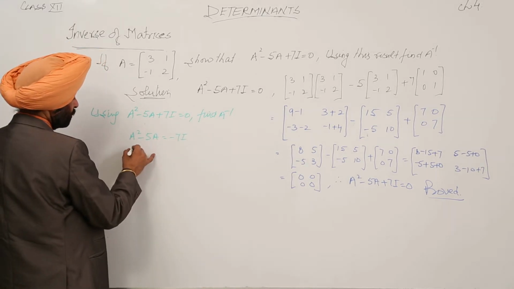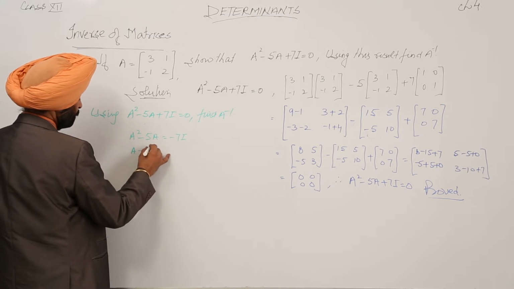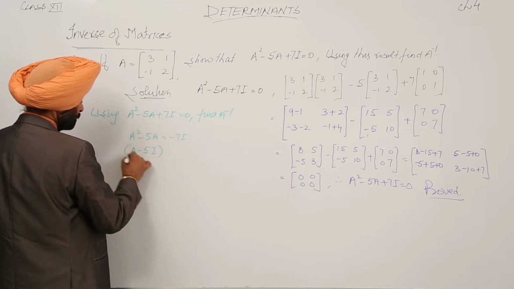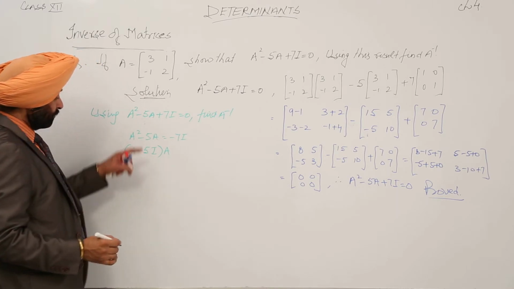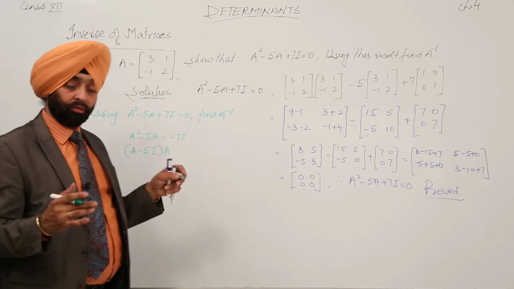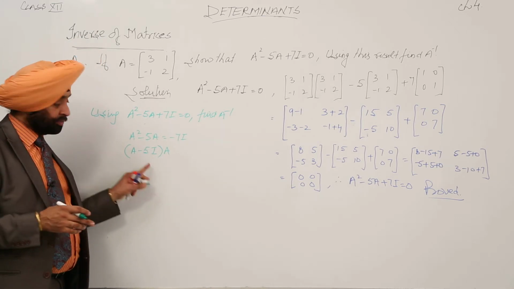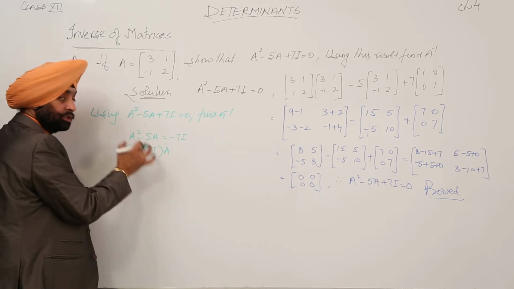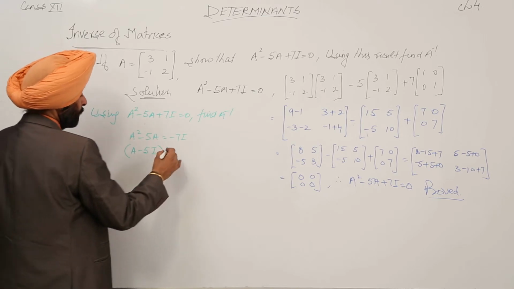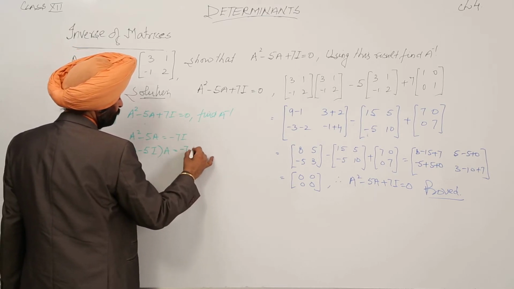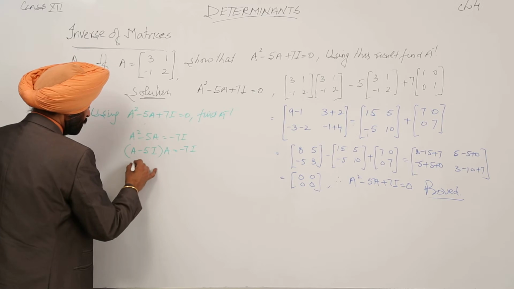Then taking A common, we have (A minus 5 times the identity matrix) with A, because when we take A common from a numeric value, we have to write the identity matrix, since this should also be in matrix form. This is equal to minus 7 times the identity matrix.